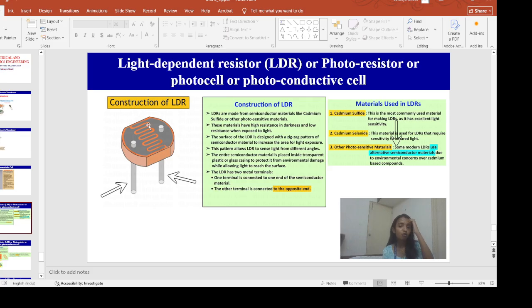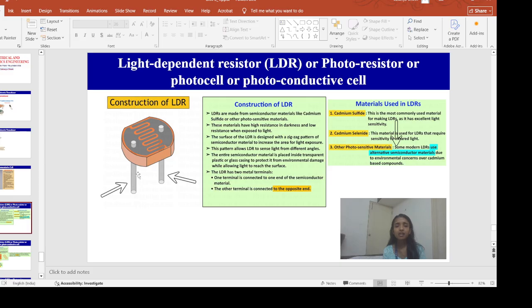Also, when the light falls on this semiconductor material through the glass, it can easily reach the surface. Now, LDR has two metal terminals. This is one metal terminal, this is another metal terminal. These metal terminals are connected to the two ends of the semiconductor material.